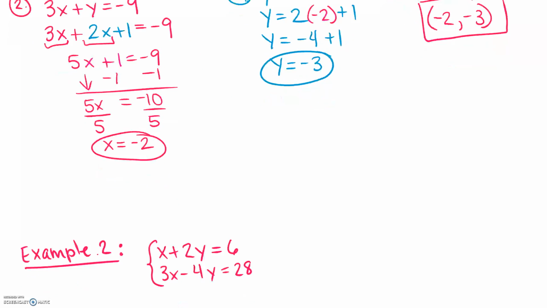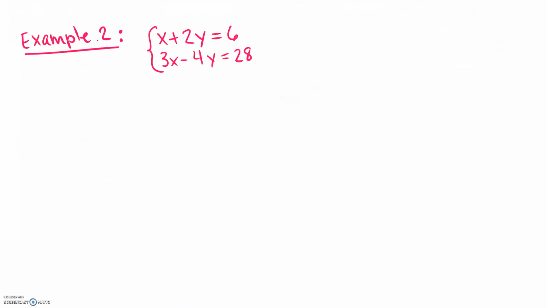Okay, let's look at example 2. In example 2, we have two equations as well. So we need to do step 1. Step 1 is to solve for one variable of one equation. When I look at these two equations, in the first one, the x value is already by itself, meaning it doesn't have a coefficient in front of it. So that is going to be the easiest one to solve for right away.